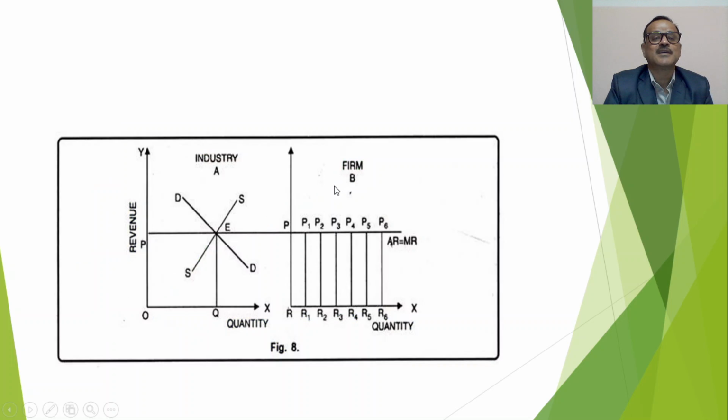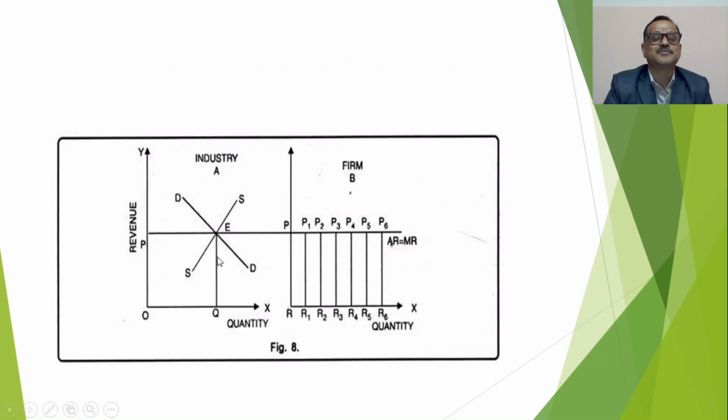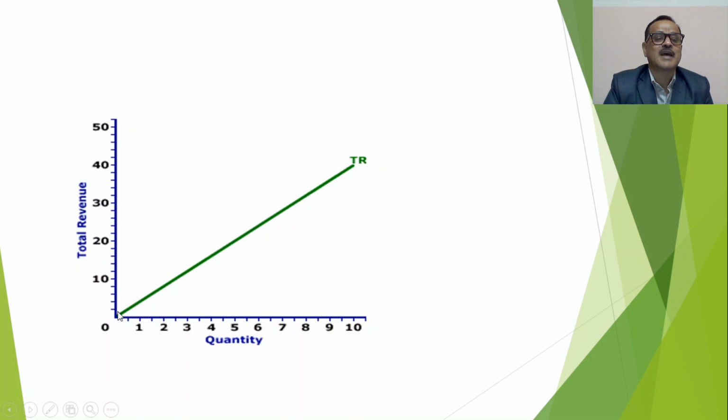Because we can see here in the table TR 5 plus 5 is 10, 10 plus 5 is 15, 15 plus 5 is 20, 20 plus 5 is 25. So TR is increasing at a constant rate, in addition of 5, 5, 5 in every unit sold in the market. So TR is increasing constantly bisecting the axis, revenue and quantity.